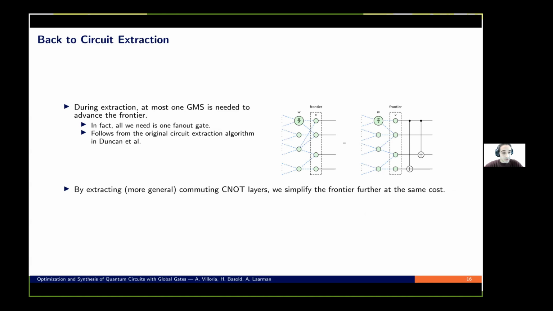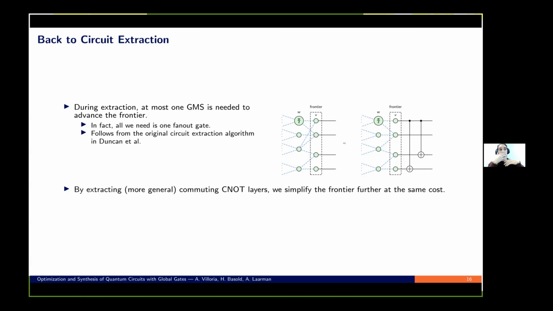One fact that you can find in the original graph theoretic simplification of quantum circuits paper, kind of hidden there, is that you can actually always extract at least one vertex using a global gate. So in fact, all you need to always move the frontier forward is a fan-out gate. A fan-out gate can always be compiled with a single global gate.